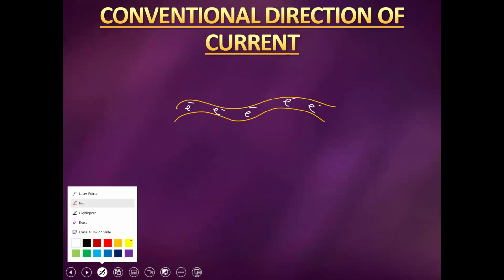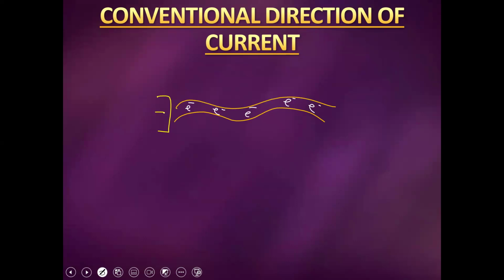Logically, how we drive them, we put a negative plate on one side and a positive plate on the other side. That is why when you buy a new cell or a battery, you will see a positive polarity mark and a negative polarity mark. This is how a cell pushes or pulls the electrons.